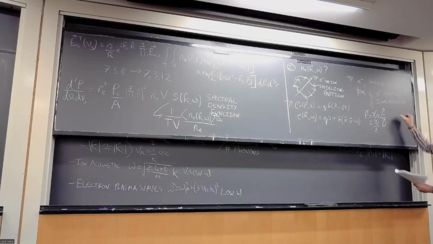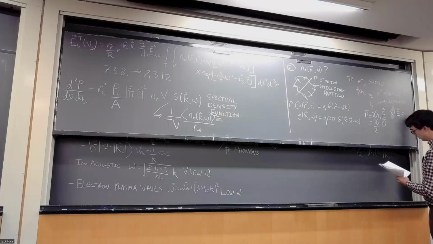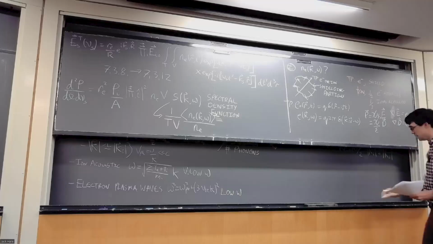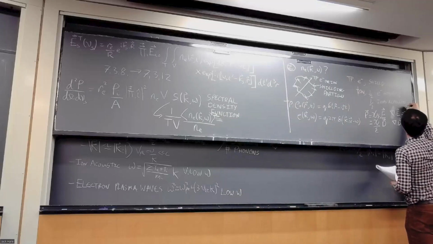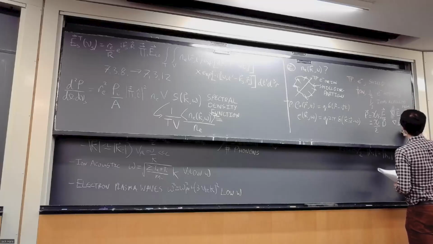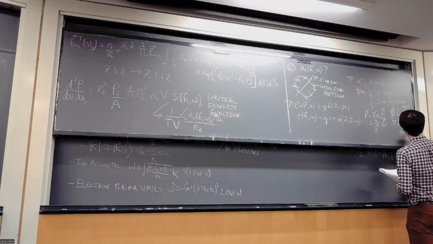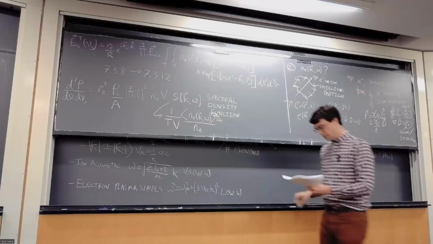And the E and D fields are defined as: divergence of the electric field is equal to rho zero, and divergence of the D field is equal to rho E. So this is the free charge, and these are the bound charges. And in our case, our bound charges are our shielding charges.